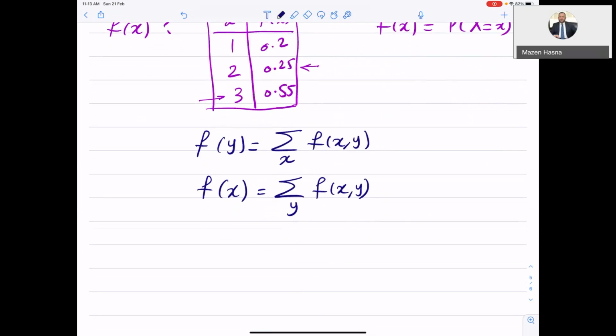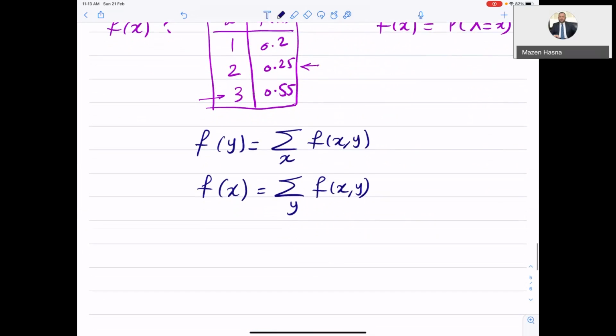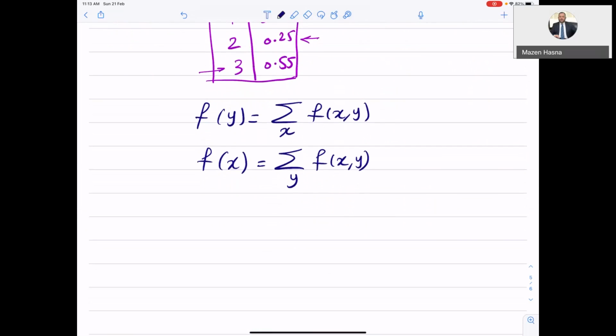Right. Let's do another quick example, following up on this example. If I ask you, find mu x, what's the mean of x?